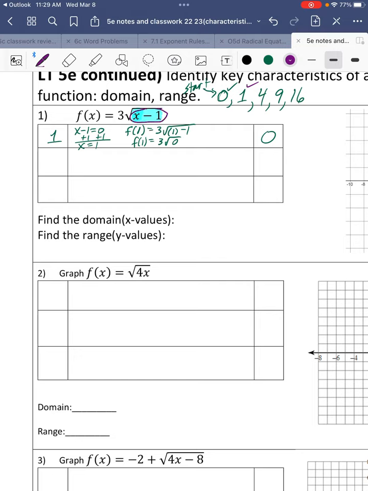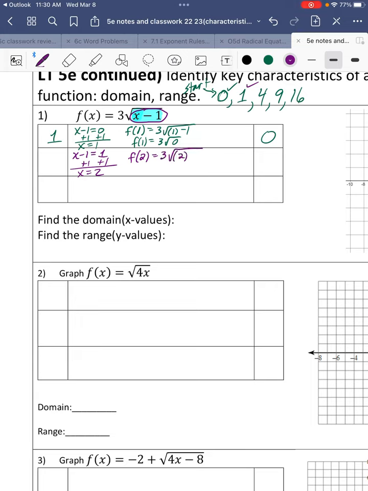So when I substitute 1 in, I got to think, what number can I put in for x that when I subtract 1, it'll get me 1? If you can't think of it off the top of your head, set the equation equal to 1. And then 2 should be the number you thought of. When you substitute 2 in for x, you'll get 1, and square root of 1 is a nice square root.